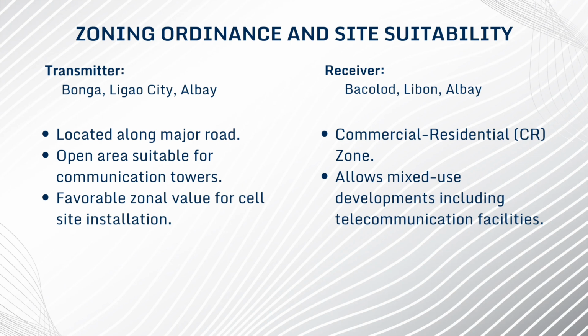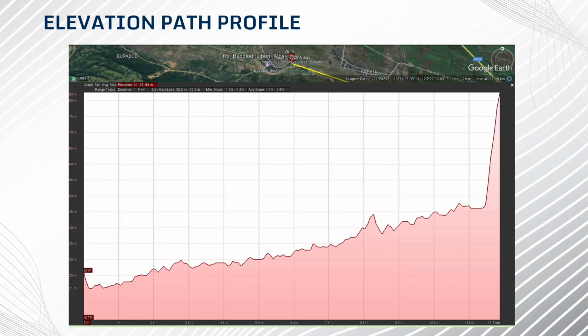This site installation, as we can see from the images in the slide. While the receiver located at Bacolod, Libon, Albay, is in a commercial, residential, or CR zone and allows mixed-use development, including telecommunications facilities. Here is the elevation plot profile.